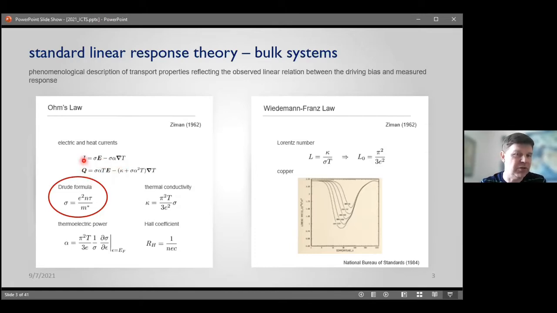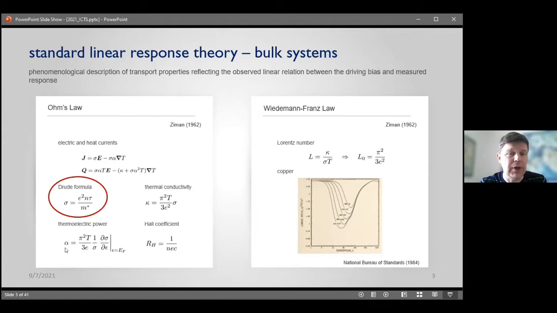Then one can measure either the electric current or the heat current. And the coefficients that you can see here are the standard linear response coefficients: the electrical conductivity, thermal conductivity, and the thermoelectric power.